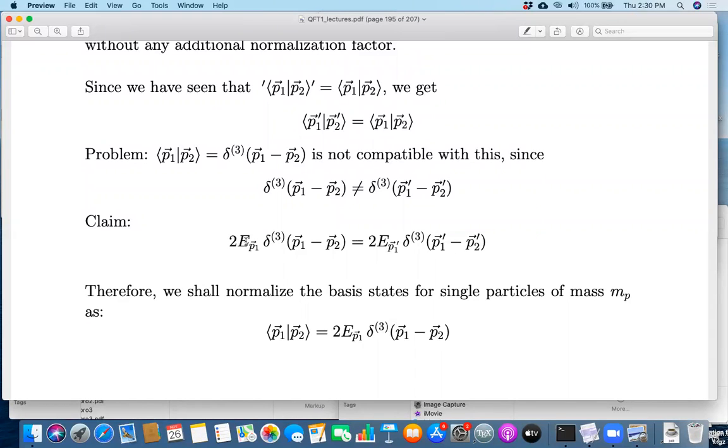Because E(P1) is also not equal to E(P1 prime), but the Jacobian that you pick up in relating these two exactly gets compensated by the relationship between E(P1) and E(P1 prime). So this combination is indeed Lorentz invariant. That suggests that we should normalize the basis states for single particles of mass m such that the P1, P2 inner product is given by 2E(P1) times delta³(P1 minus P2).